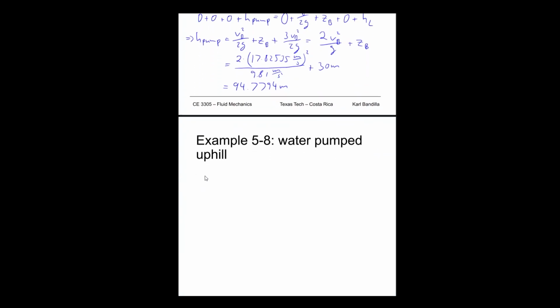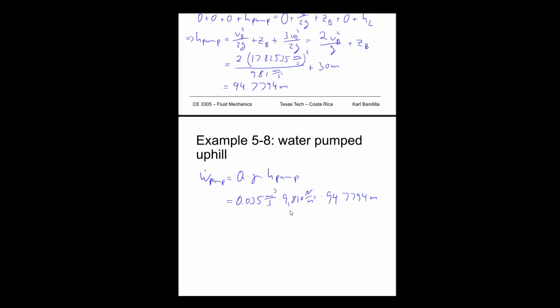Now I have the head from the pump, and I can convert that to the power by saying power of the pump is equal to Q times gamma times H pump. That would be 0.035 cubic meters per second times 9,810 Newton per cubic meters times what we just calculated, 94.7794 meters.